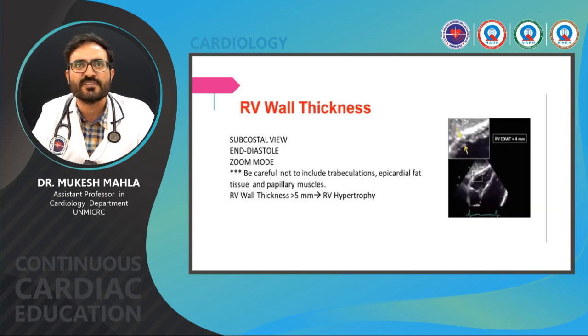So RV wall thickness is measured in the subcostal view, in zoomed view, at end diastole, and we should be careful not to include trabeculations, epicardial fat, and papillary muscles. It is measured at the anterior tricuspid leaflet. If the thickness is more than 5 mm, it is considered right ventricular hypertrophy.